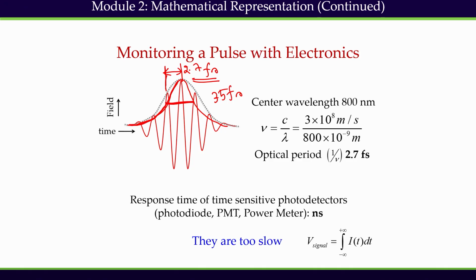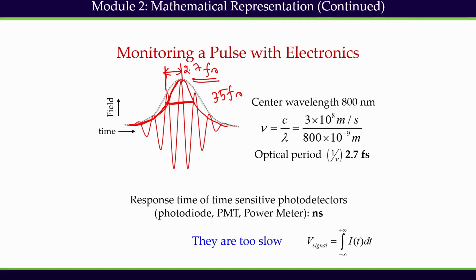Within this 35 femtosecond, intensity variation occurs, but the response time of all time sensitive detectors such as photodiode, photomultiplier tube, CCD camera, etc. is mostly nanosecond.